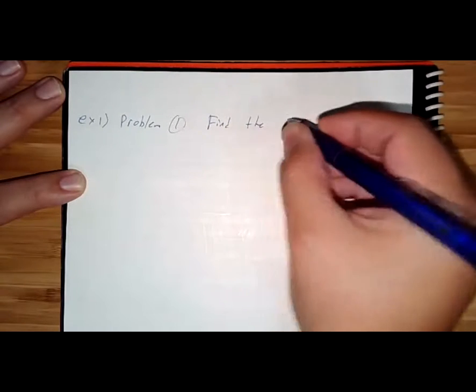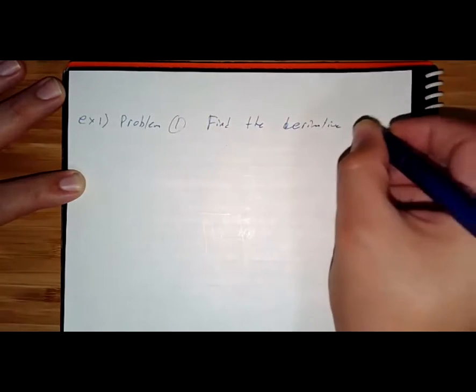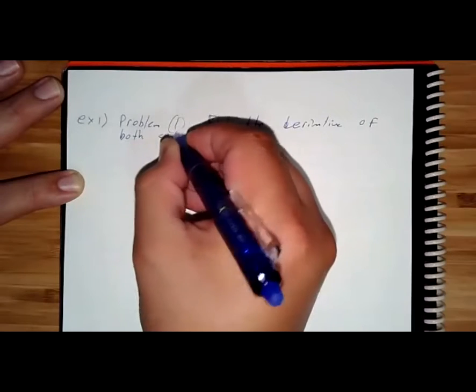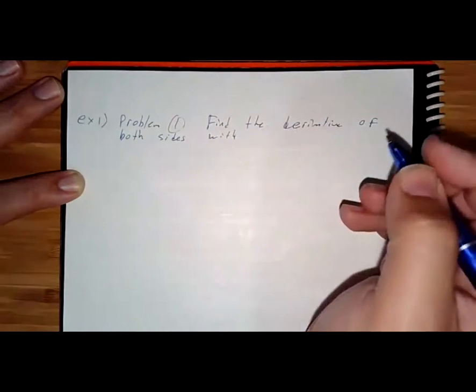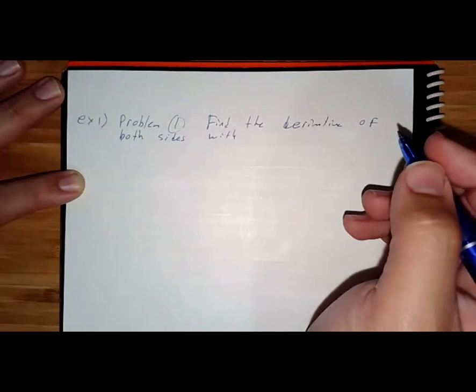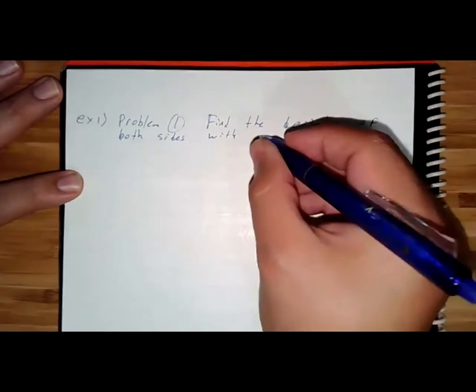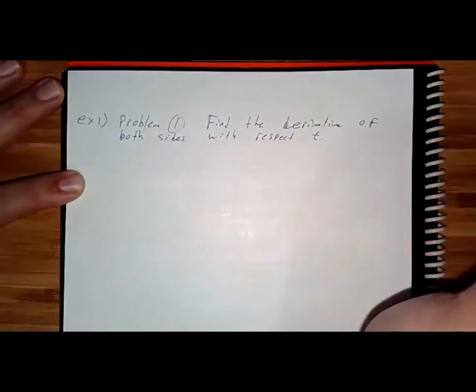Find the derivative of both sides with respect to t is basically what they're asking, even though they phrased it differently.